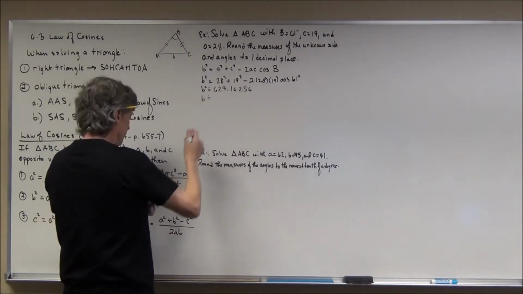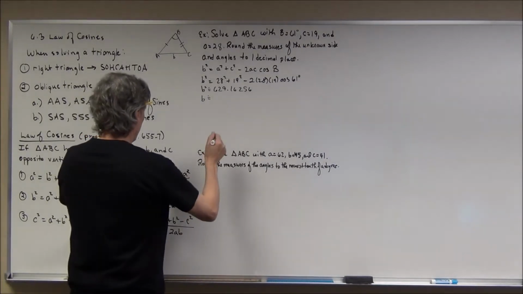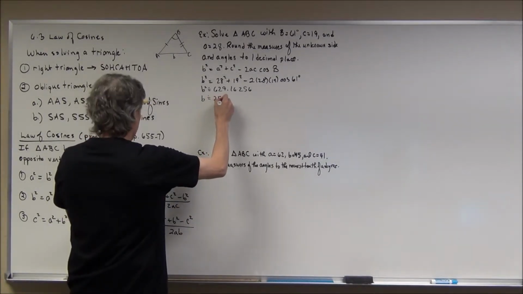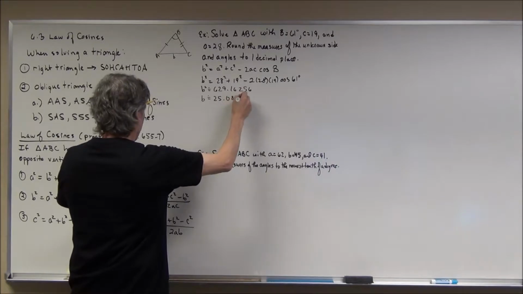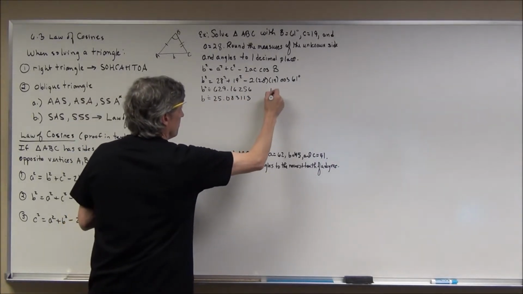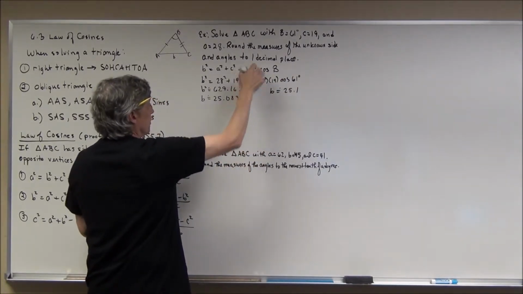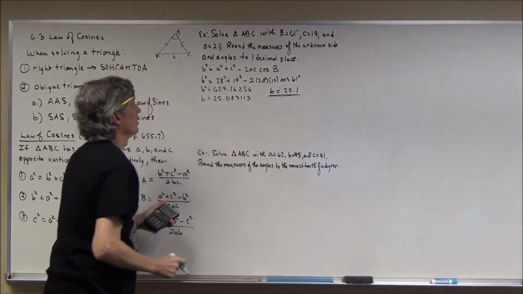In this case, B would be approximately, let me raise it to the half power, 25.083113, and it keeps on going here. Again, B is approximately 25.1 to 1 decimal place. I'm going to underline that there.